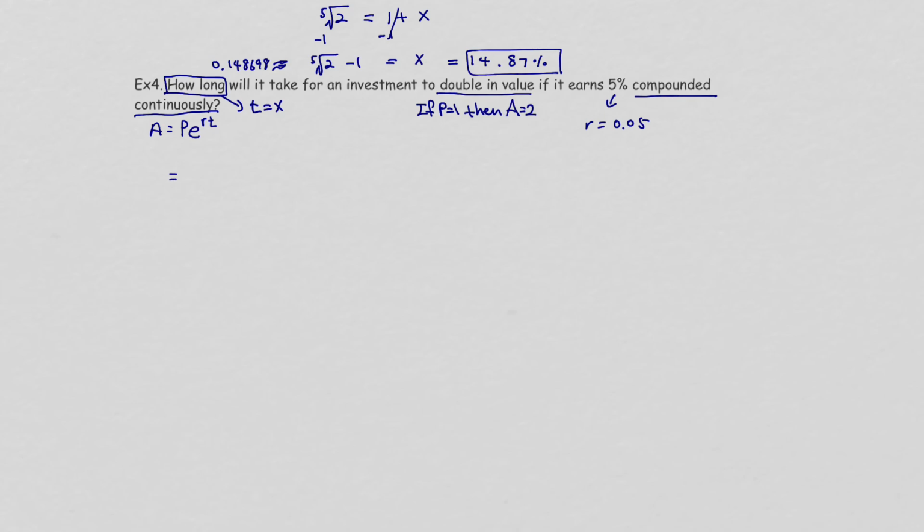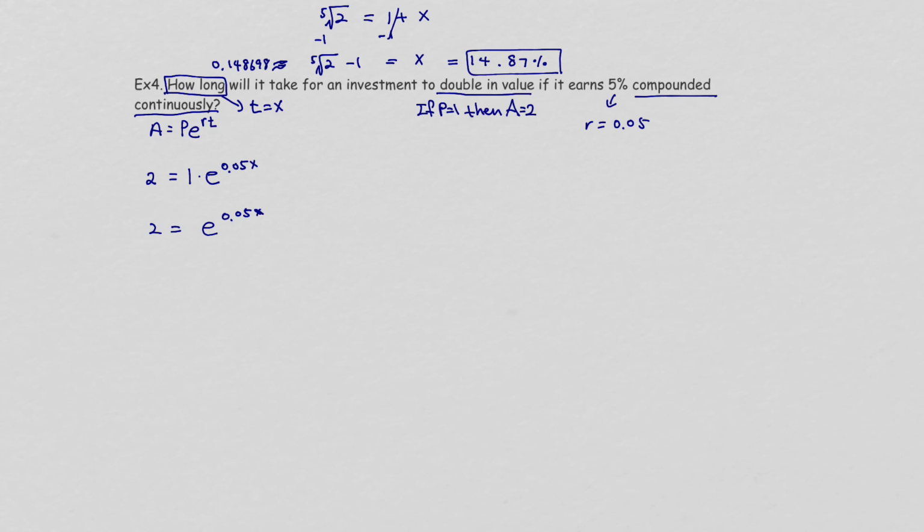So A is 2, P is 1, times e to the R, rate is 0.05, T is x. Or you can put 0.05x instead, right? So if we simplify this, this is going to be just e to the 0.05x exponent.